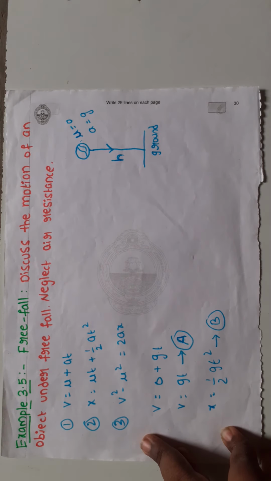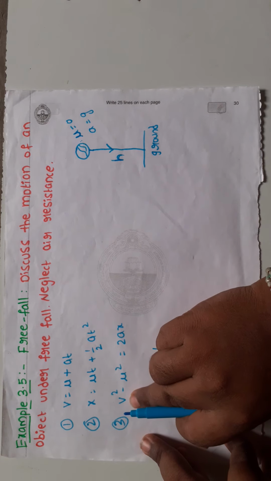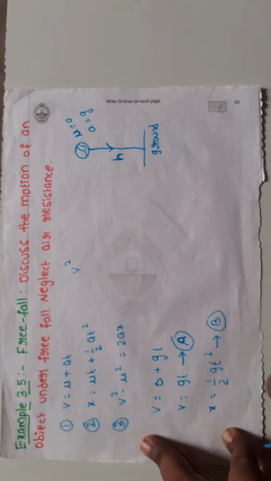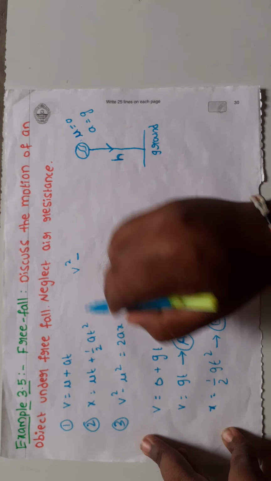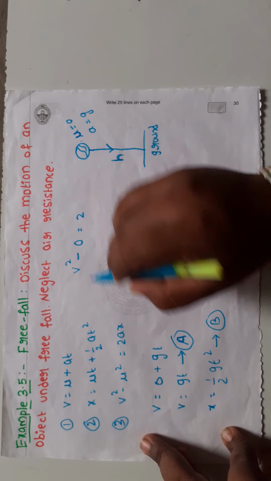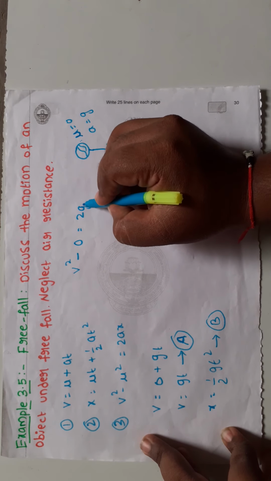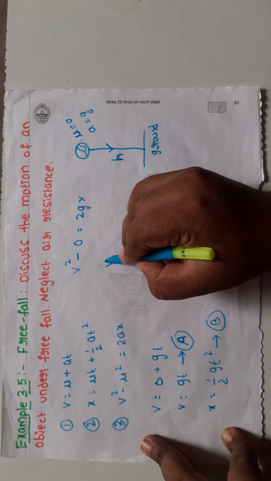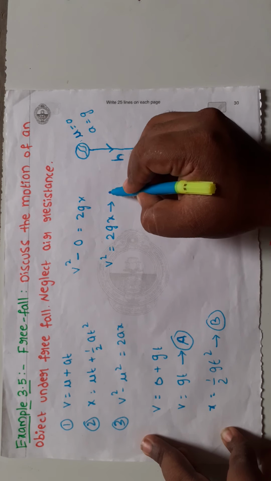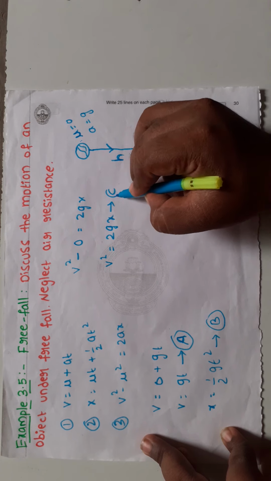Next, the third equation: v square minus u square, u value 0, equal to 2 times a, whose value is g, times x. So v square equal to 2gx. This is equation c.